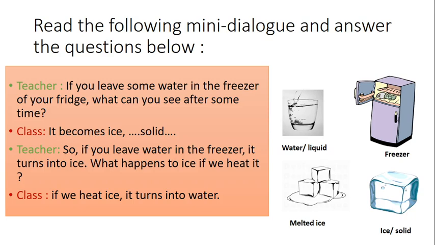We have ice. Ice is the opposite of water. It's solid. Water is liquid. The opposite is solid. And we have melted ice, meaning ice changes to water another time. All these things we can find at home and wherever you go.